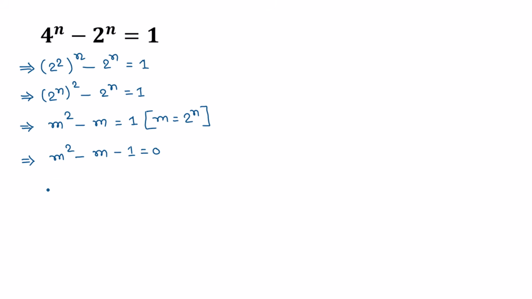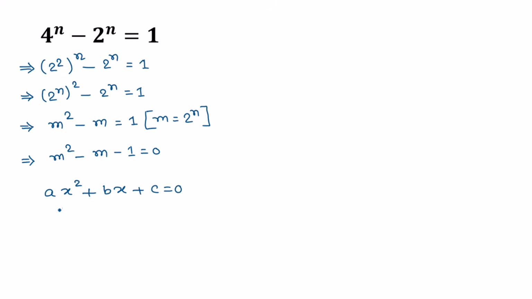The general quadratic equation is ax squared plus bx plus c is equal to 0.